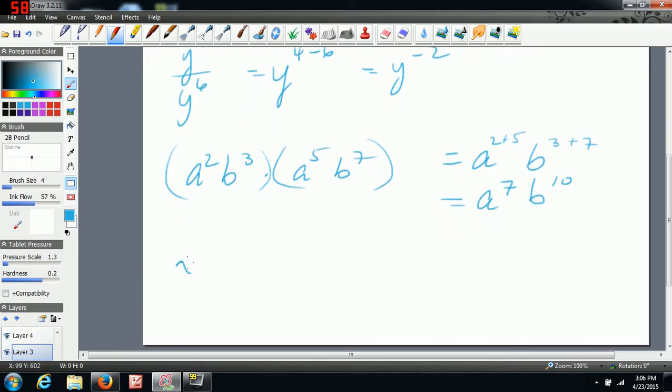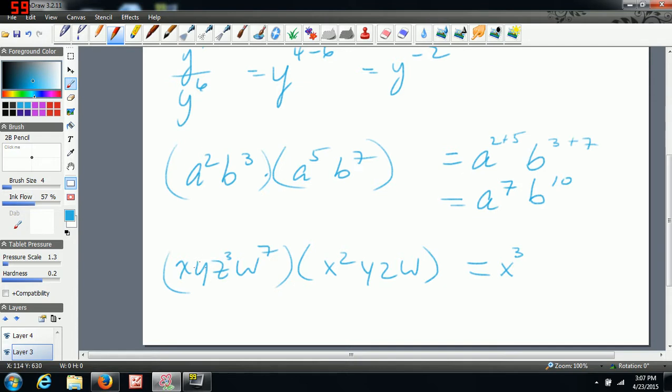You could have x y z w to the 7, and then multiply that by x squared y z w. If you're asked to multiply this, if there's nothing written, there's a 1 there. So x to the 1 and x to the 2 becomes x to the 3; you just add the exponents.